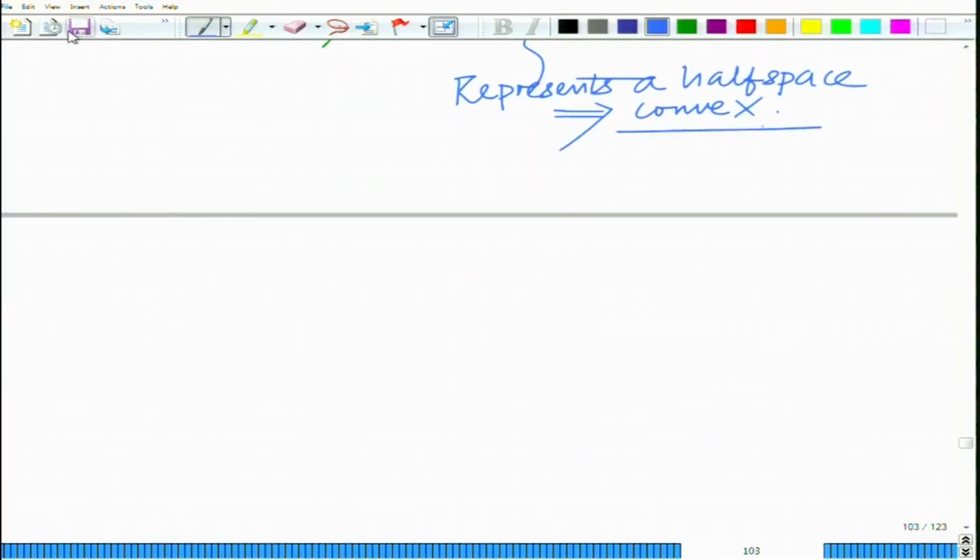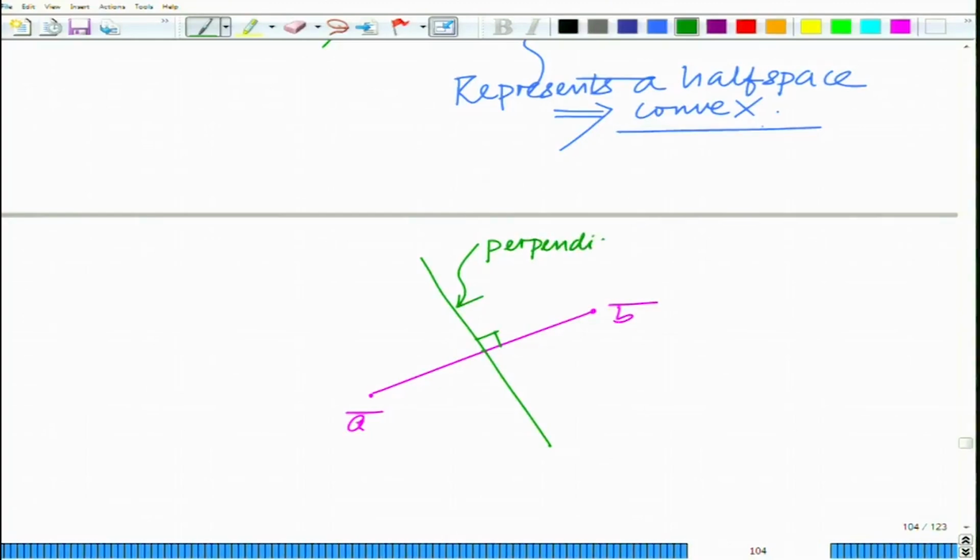And interestingly, if you are wondering what that set is, look at the points a bar and b bar, the line joining these points, and the perpendicular bisector of the line joining a bar and b bar.